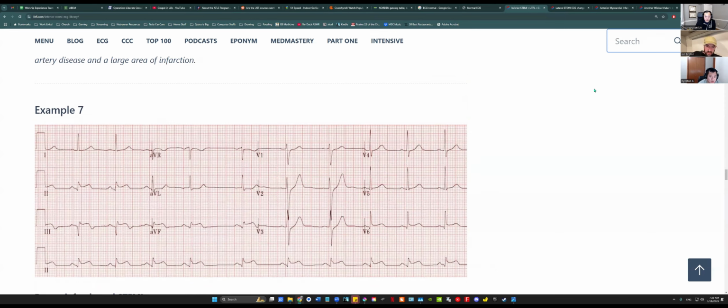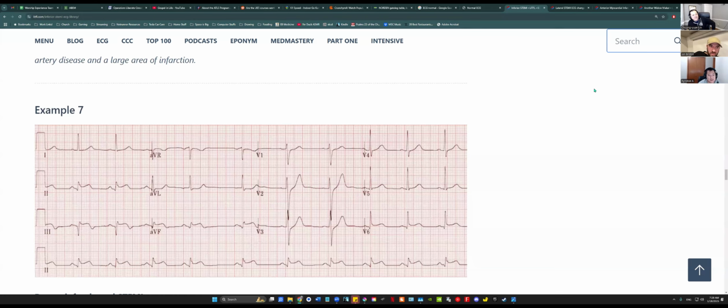Leads 2 and 3 look weird too. Is this inferior elevation? I see something in 2.